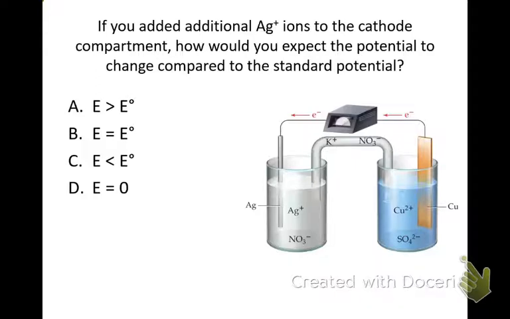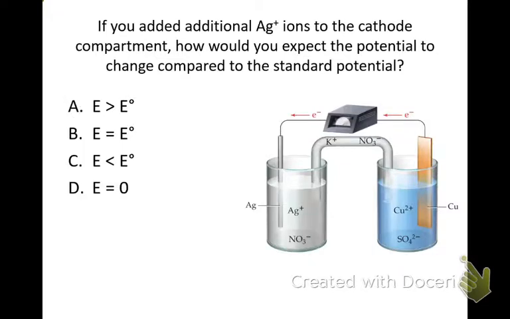Since the reaction is going to be more spontaneous in the forward direction, the potential of the cell under non-standard conditions is going to be more positive than the potential of the cell under standard conditions. Standard conditions represent 1 molar of each. If we add more of the silver ions, we're now under non-standard conditions, but since we're more spontaneous, the potential would be more positive.